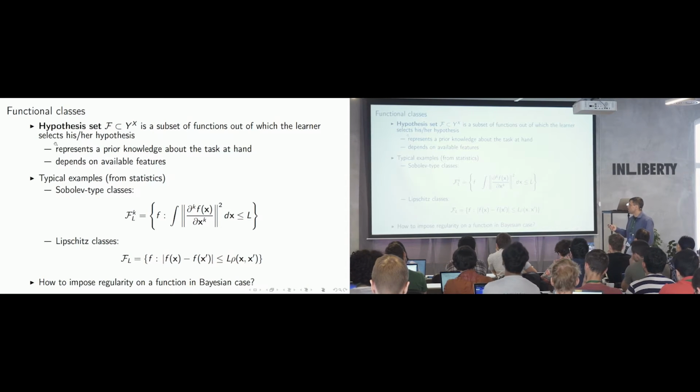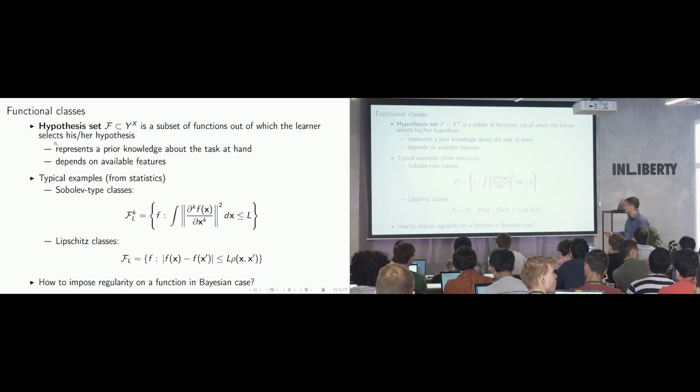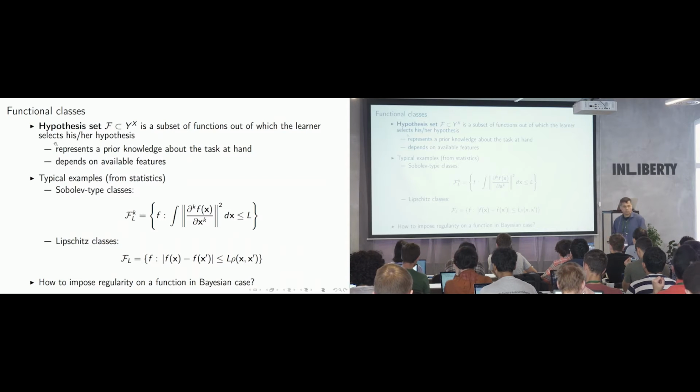For example, very typically in statistics, they consider smoothness classes like Sobolev type classes or Lipschitz type classes, and they are defined like this. So Lipschitz functions are those functions which fulfill this inequality where L is some given constant.